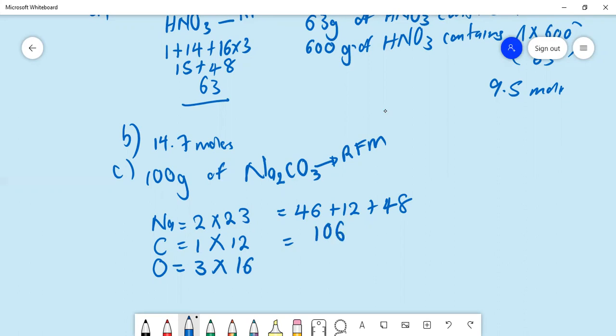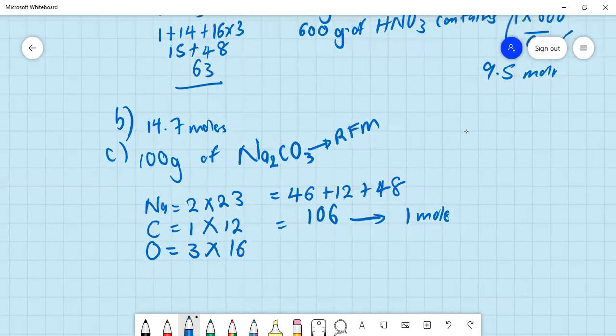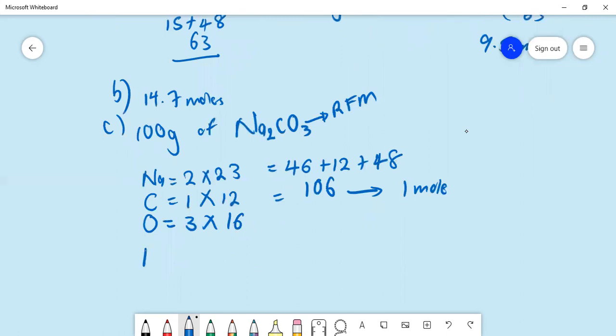So 106, but remember it has no units. This one is in 1 mole. Meaning now we have 106 grams of sodium carbonate contains 1 mole.